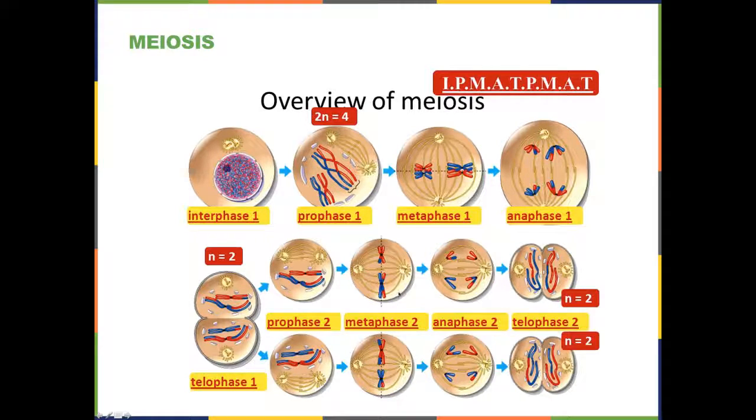Then they divide again, and those duplicated chromosomes are separated from each other, and you end up with 4 cells, each of which has 23 chromosomes. Hopefully this helps, and read through the section, look at the diagrams very carefully, and I think that'll help you figure this out.